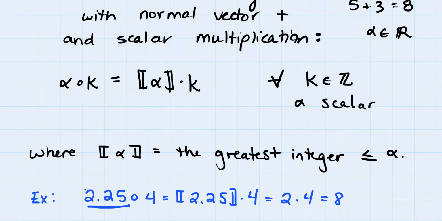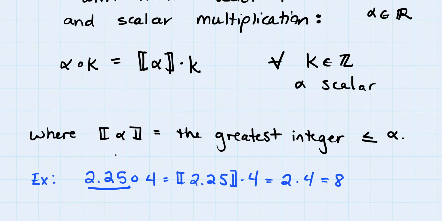You take a real number, because that's where the scalars are coming from, and you multiply it with an integer, because scalar multiplication says we have a vector here, and our vectors are coming from the integers. This is equal to this funny notation with 2.25 times 4, and then it's the floor function. The greatest integer less than or equal to this number is 2, so we put 2 here, and then 2 times 4 is equal to 8.